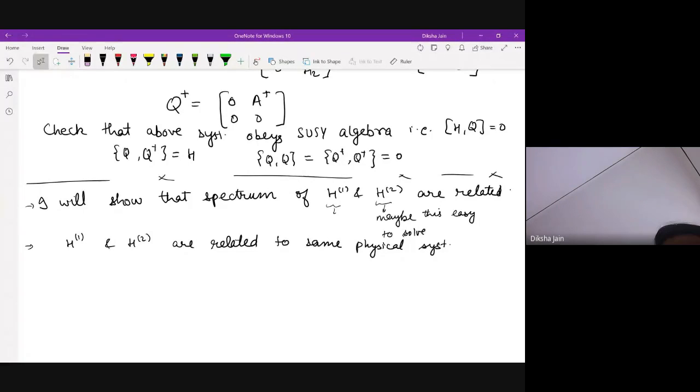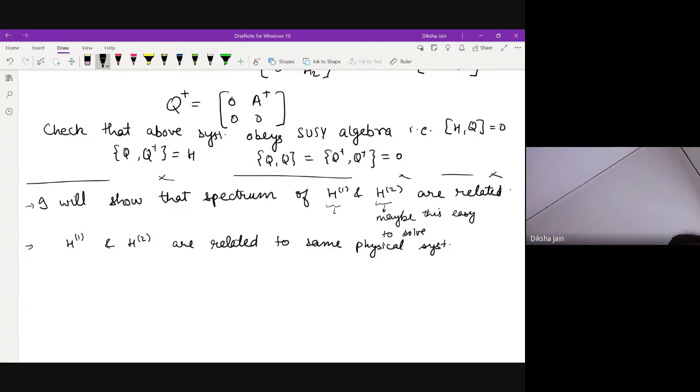Hence, you can relate energy states or eigenstates at different levels to each other, and then you can use that procedure iteratively to solve for the Hamiltonian. So this is how supersymmetry will help you. You find another partner Hamiltonian H2, which either gives you a relation between the energy levels at different eigenvalues, or which is easy to solve, and then you can use it to solve for the original problem. I will show this explicitly.